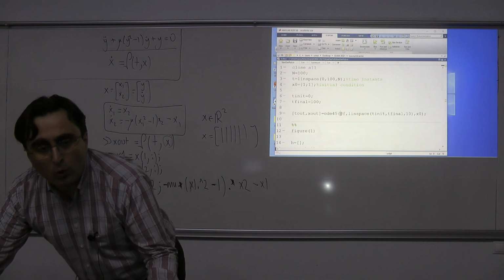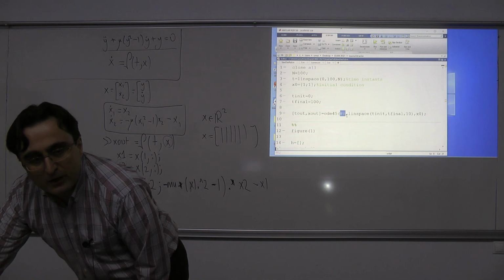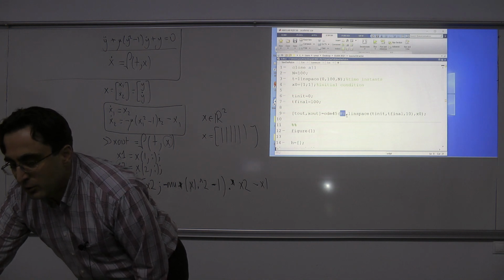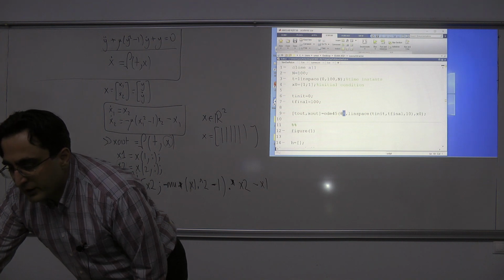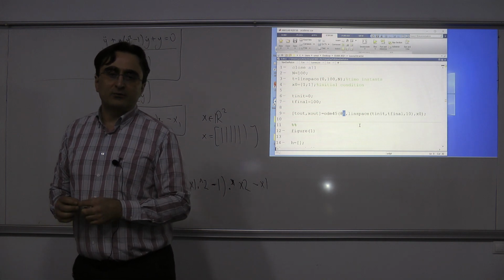MATLAB's ODE45 function, actually all ODE functions, take first a pointer to this function f that you have written. Okay, so this f is the name of the file where you store that function.